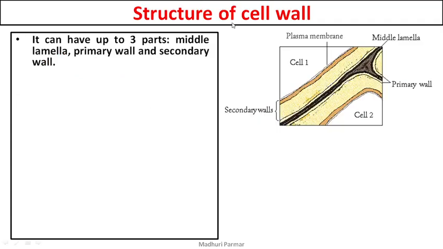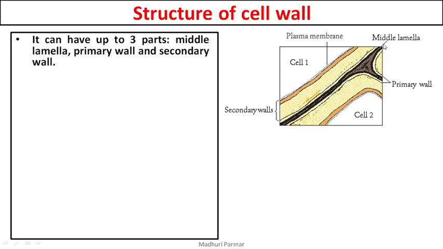Now we move on to the structure of cell wall. We saw the composition of cell wall. We will be discussing the structure of cell wall. It can have up to 3 parts. It has middle lamella, primary wall, and secondary wall.